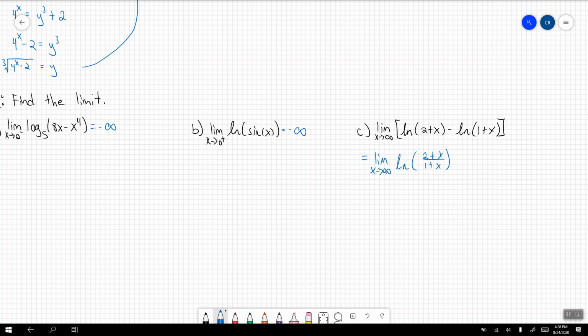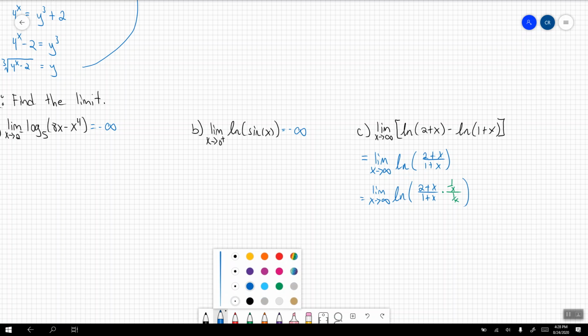And identifying this piece here, x is going towards infinity, but from Calc 1, we can kind of reimagine this argument by multiplying both numerator and denominator by 1 over x as such.